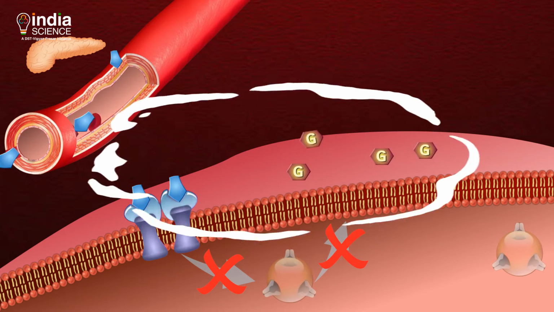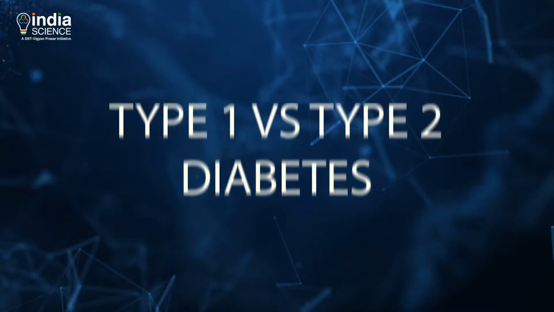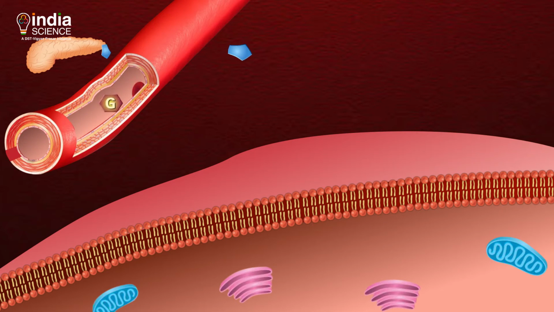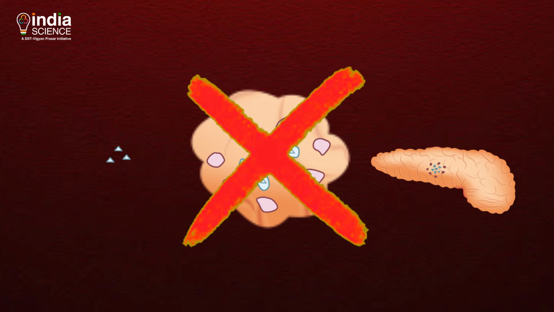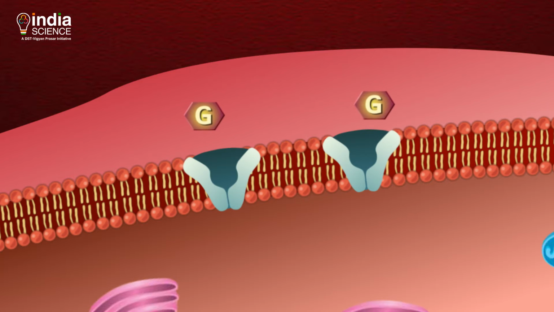There can be various reasons for that, and hence there are different types of diabetes. Type 1 and type 2 diabetes. So now we know that our body needs insulin hormone to transport fuel or sugar to the cells. But sometimes the body is not able to produce enough insulin, and hence less insulin binds to the cell membrane, meaning less transport of the sugar.